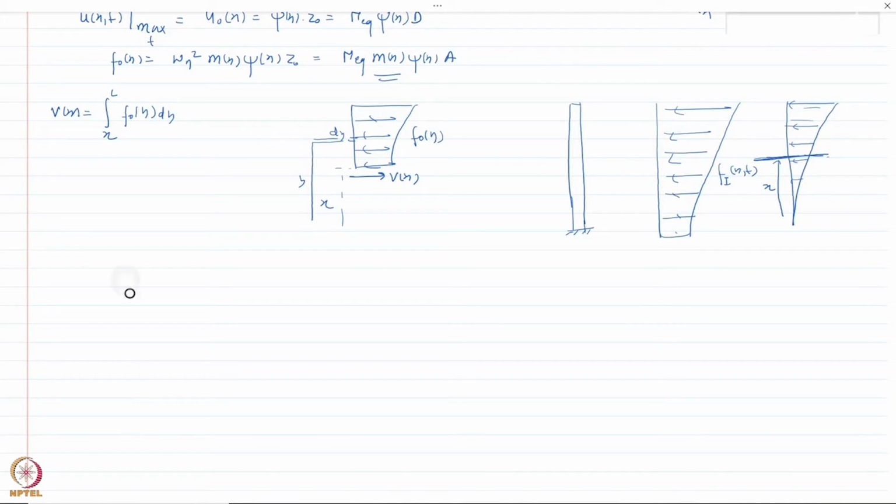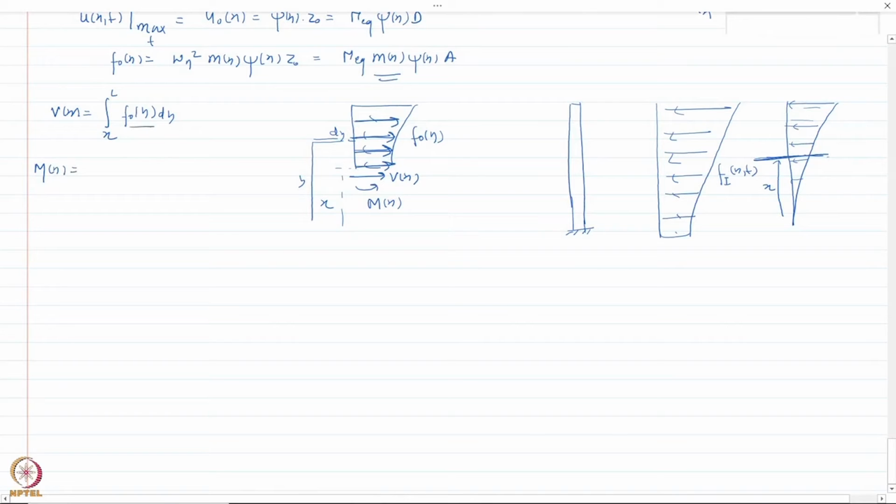Similarly, the moment at this point. Let us say this is the direction we are considering. So the moment, let us say, is something like this, or it would be in the opposite direction here. So mx again becomes similar.